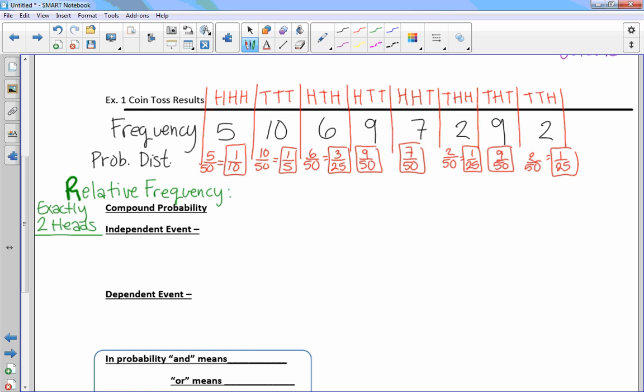I think I see 4. Oh no, I guess this is not exactly 2 heads. This is at least 2 heads, huh? So 1, 2, 3 have exactly 2 heads. 3 out of, the denominator is your total frequency. So in total, how many did we have exactly 2 heads?